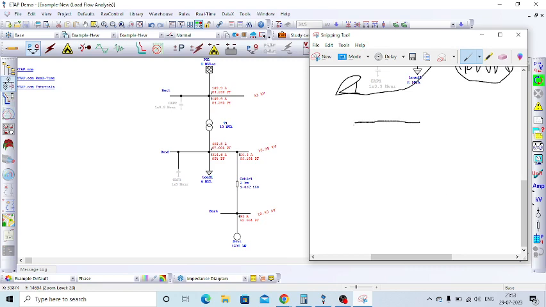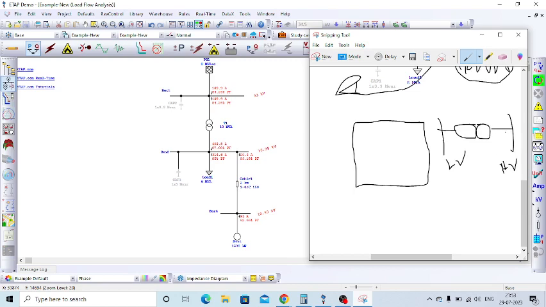Normally how will it happen? In a plant there will be an electrical room. In the electrical room, nearby, the transformer will be kept. Okay, so this will be our transformer, LV and HV.